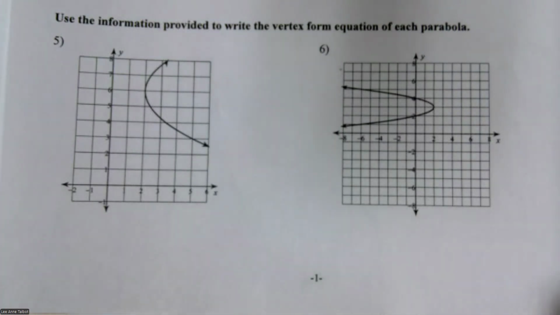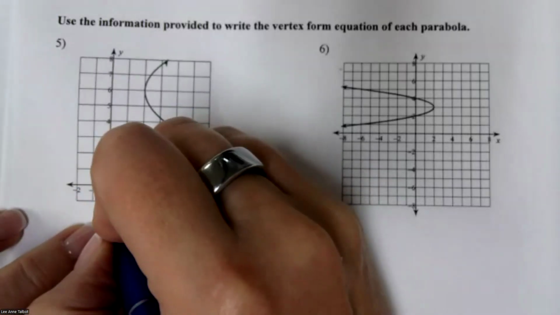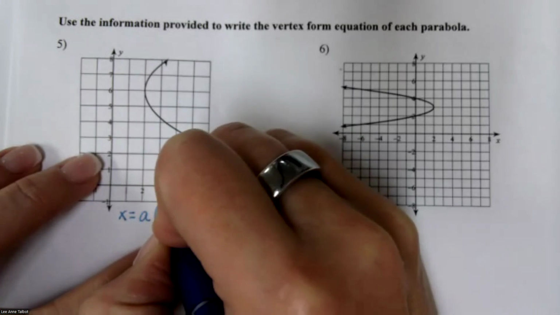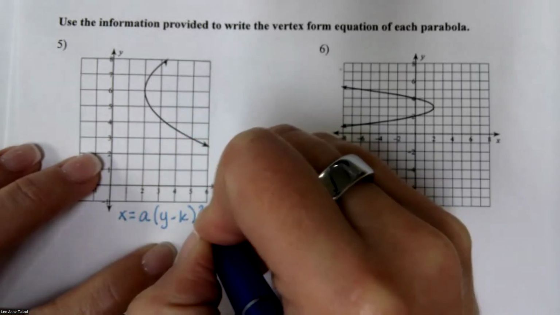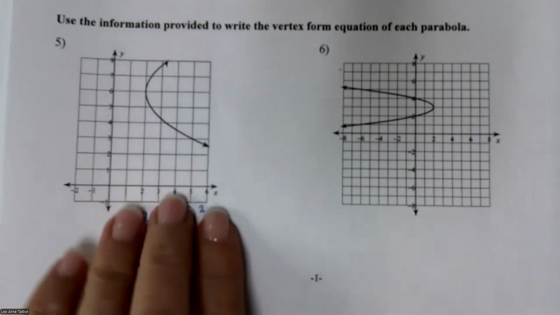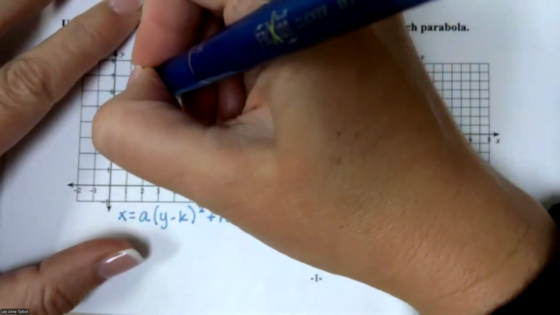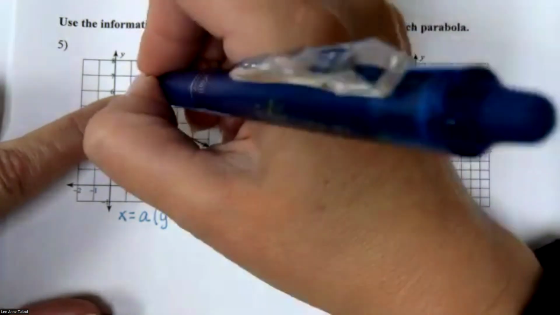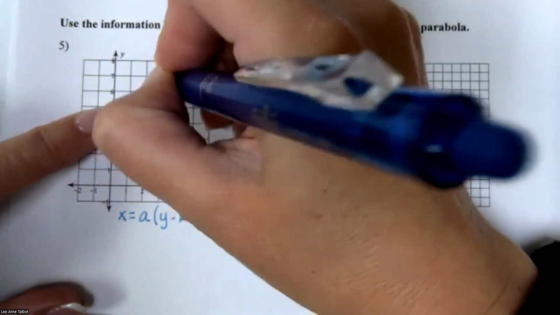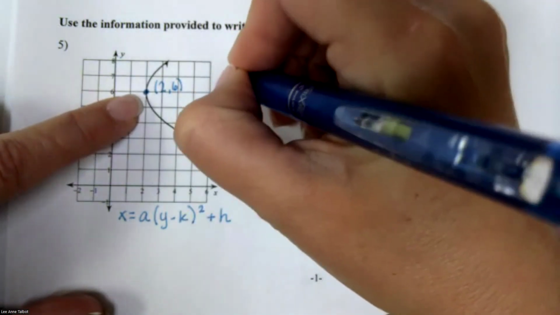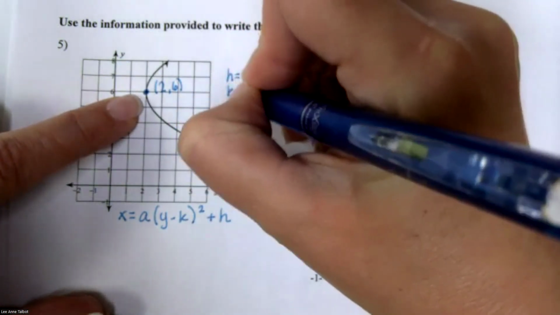And what's the equation for a sleeping parabola? x equals a(y minus k) squared plus h. Gorgeous. Okay, now what I need to do is identify these things for you. So the vertex is here. So this is the coordinate 2, 6. So h equals 2, k equals 6.